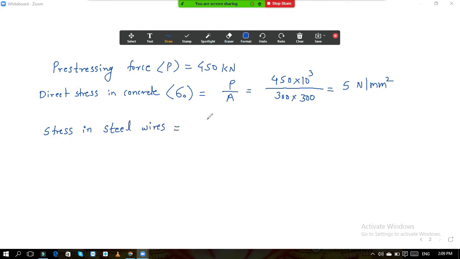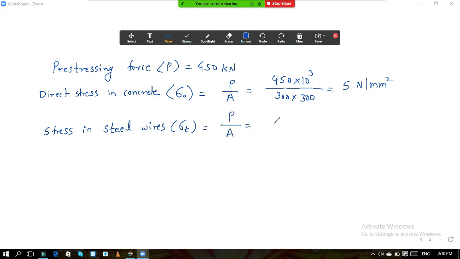For this we use the notation sigma T. Here you can also use sigma C, direct compressive stress, or sigma 0, whatever you like. Notation doesn't matter. The stress in steel wires is sigma T, and it is again calculated as load divided by area.